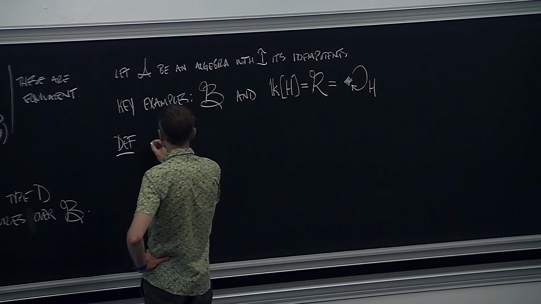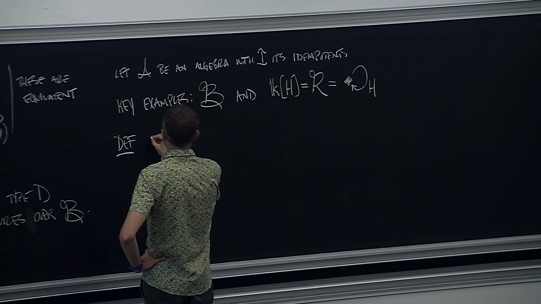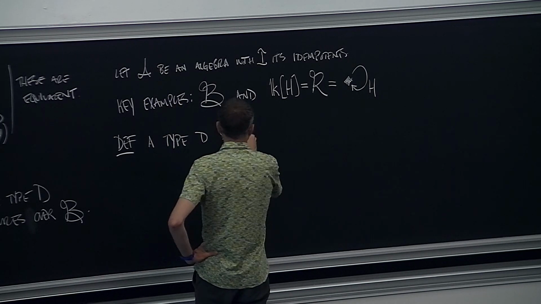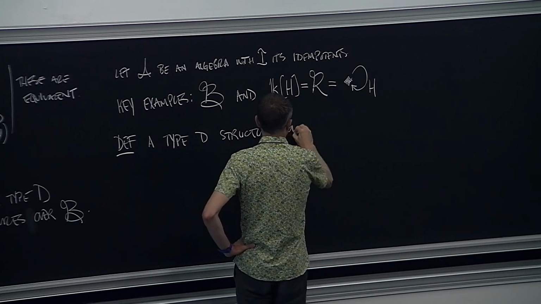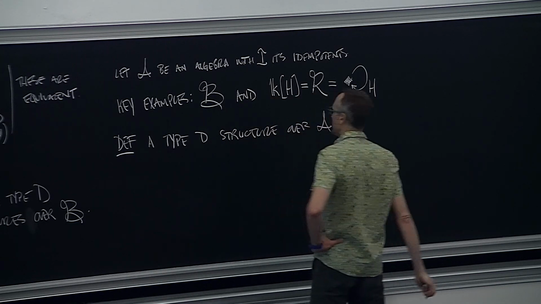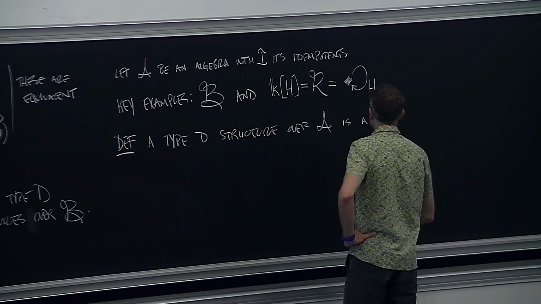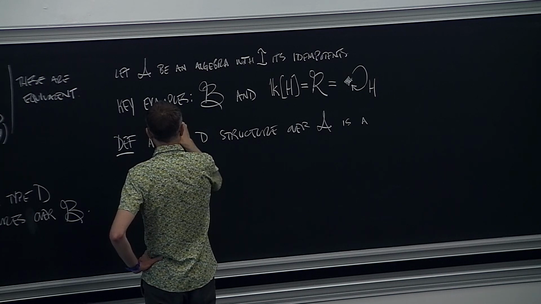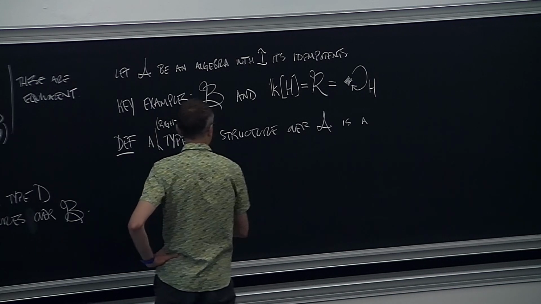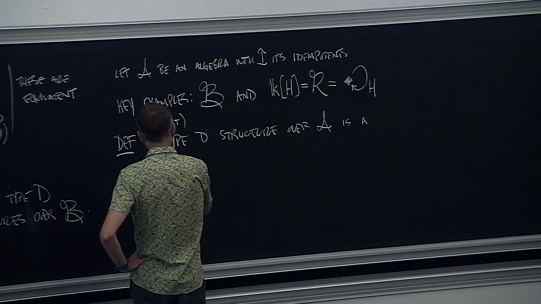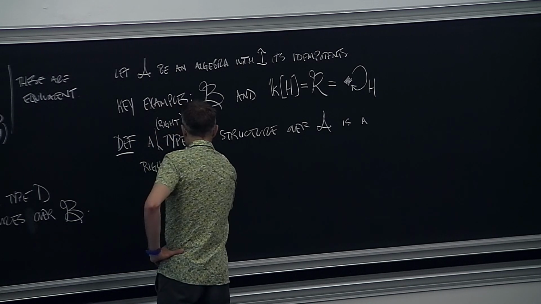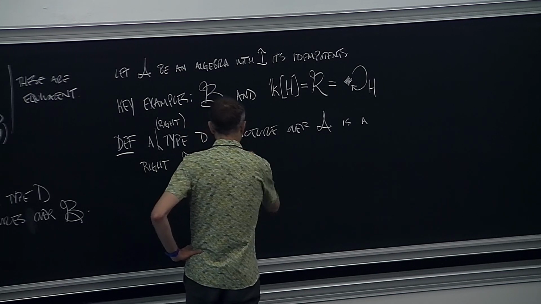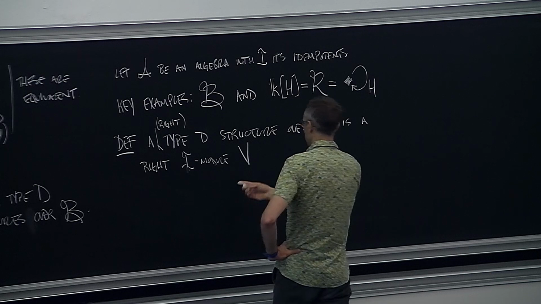over one of these algebras is, so this is a right type D structure. This is a right I-module V. That shouldn't be too scary.